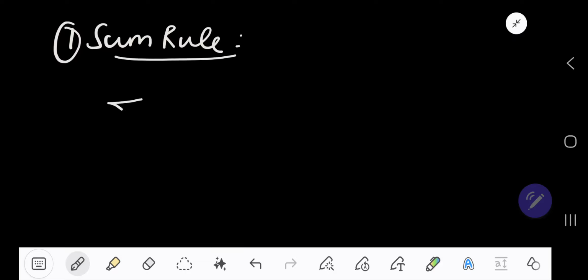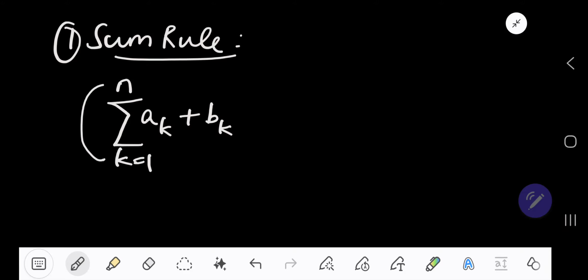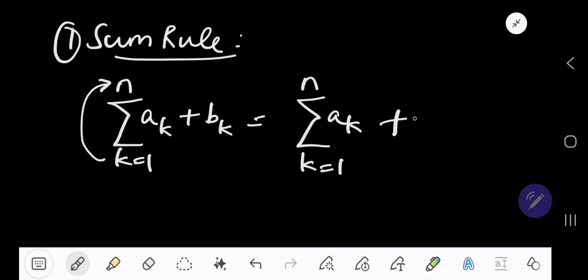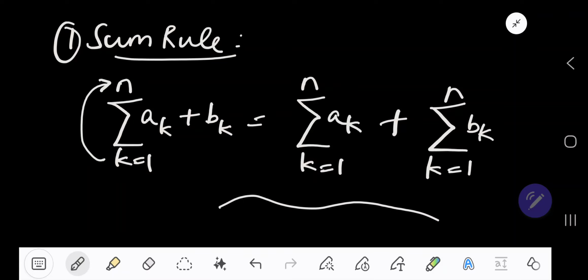The sum rule states that the summation of ak plus bk, where ak and bk are both integers, from k equals 1 all the way till n, would be equal to the summation of ak from k equals 1 to n plus the summation of bk from k equals 1 to n. This is our first rule, the sum rule. You should note this down.